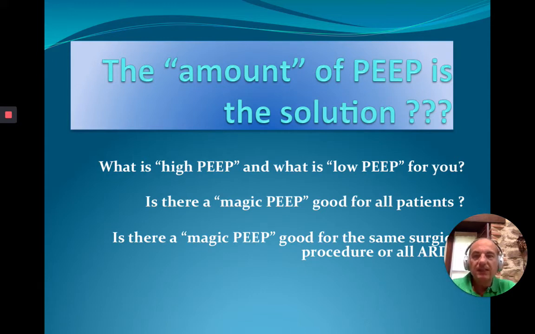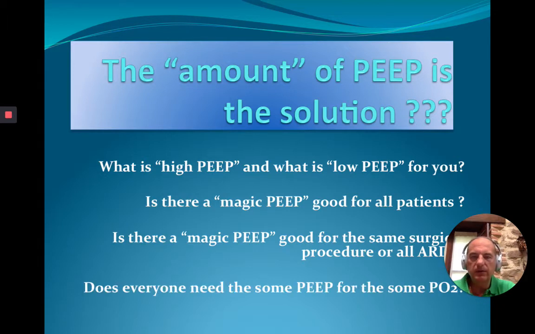Exactly the same: is there a magic PEEP for all distress syndrome? Obviously, there is not. Does everyone need the same PEEP for the same amount of PO2? Even for one simple parameter, that is oxygenation, we know from physiology that the same amount of PEEP does not correlate with the same amount of oxygenation.